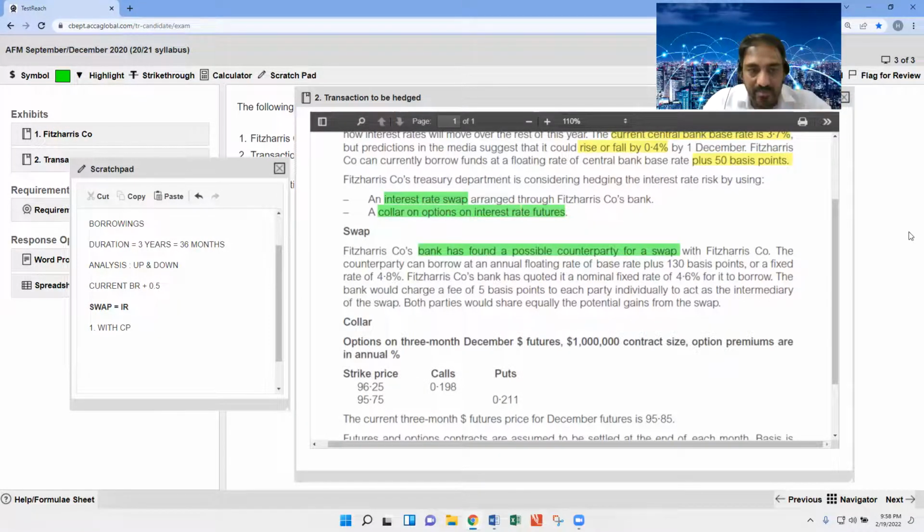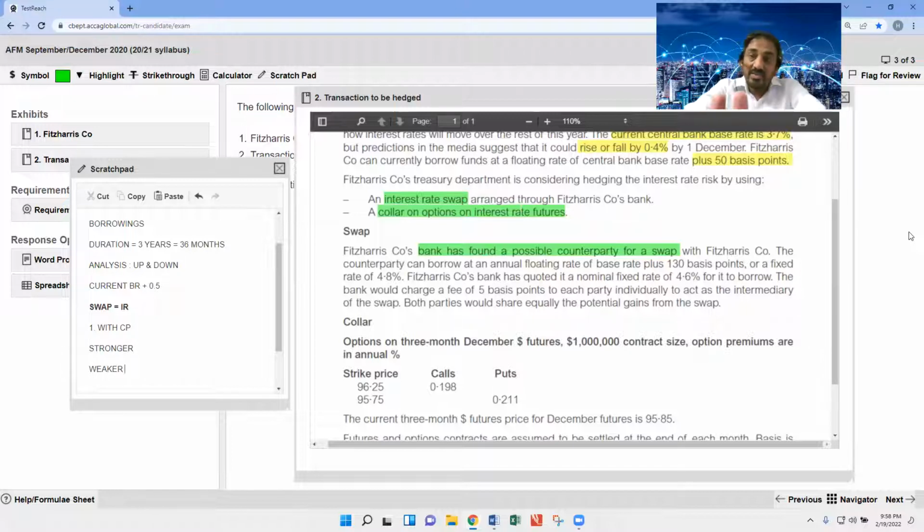So if it is a matter of the counterparty, it means the swap arrangement is about comparative advantage. Here we need to identify, very important, which one is the stronger party and which one is the weaker party.